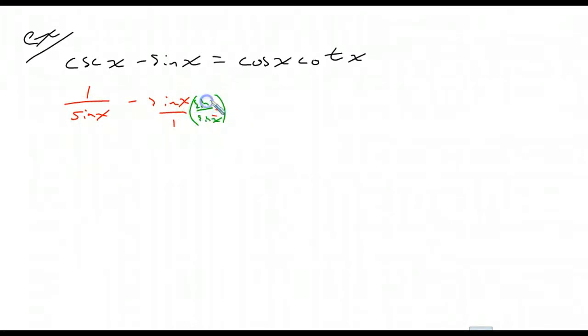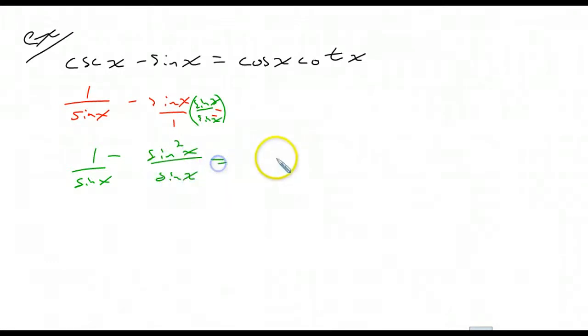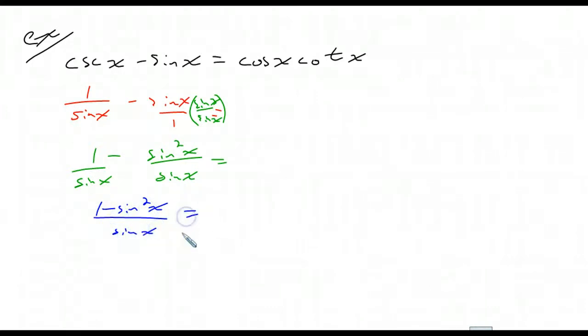So I'm going to multiply this one by sine x over sine x so that I have 1 over sine x minus sine squared over sine x equals whatever that side is. Well, then I can combine these two fractions to get 1 minus sine squared x over sine x equals the other side.